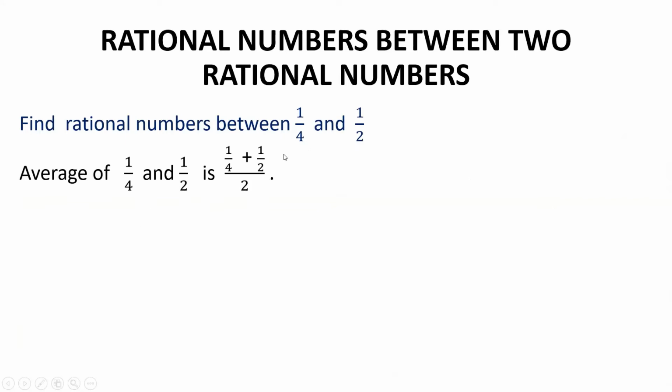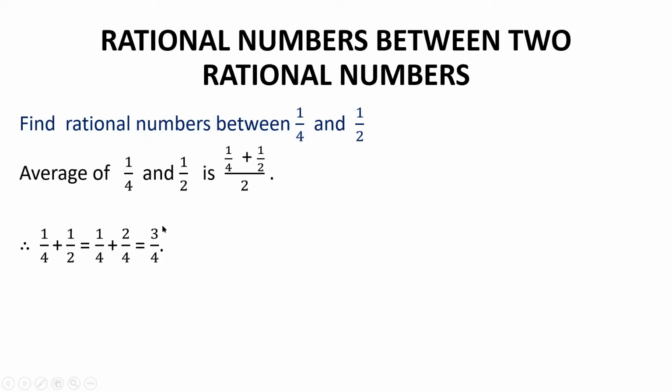First, finding the sum: here denominators are different, so we'll take the LCM and convert 1 upon 2 by multiplying with 2 into 2 upon 4. So 1 upon 4 plus 1 upon 2 is equal to 1 upon 4 plus 2 upon 4 is equal to 3 upon 4.